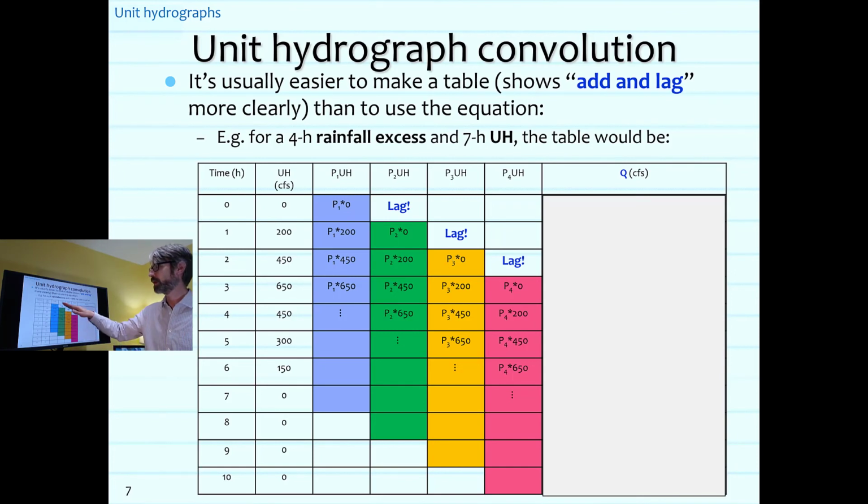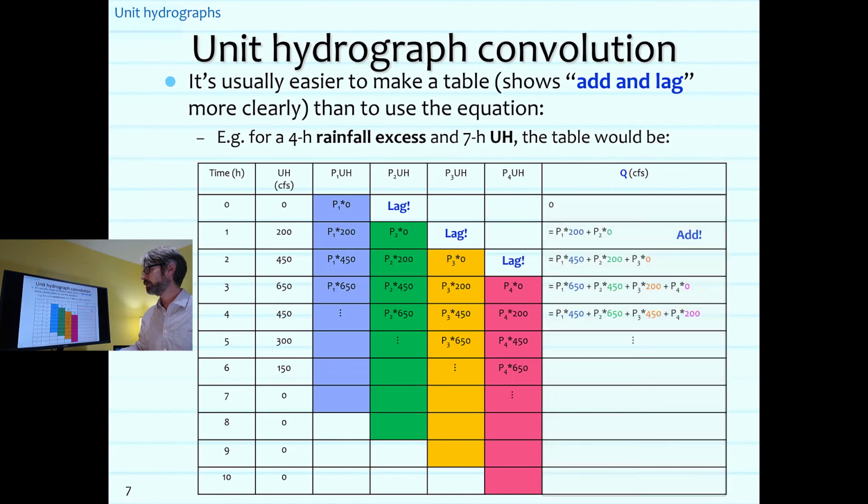So that's my lagging procedure. And then the adding is just adding across these columns. So P1 times 200 plus P2 times 0. And then for the next Q value, P1 times 450 plus P2 times 200 plus P3 times 0. And then by the time we get to the next hour, we've actually got the 4th hour of precipitation in there.